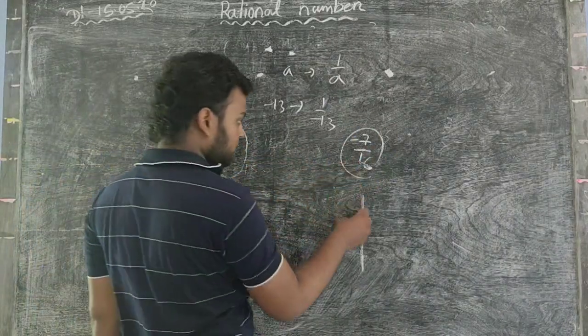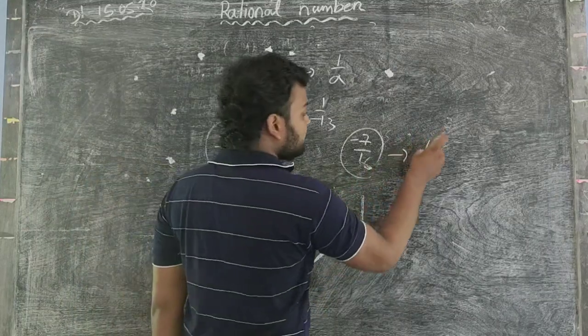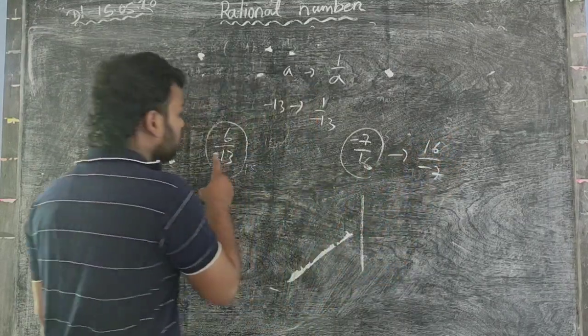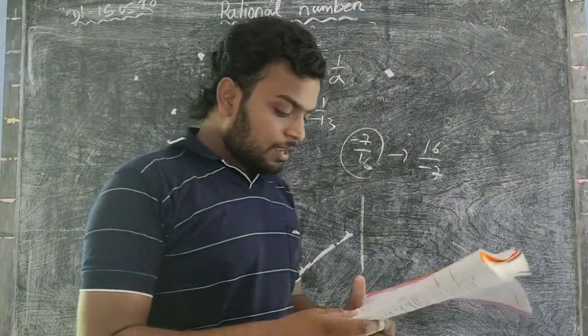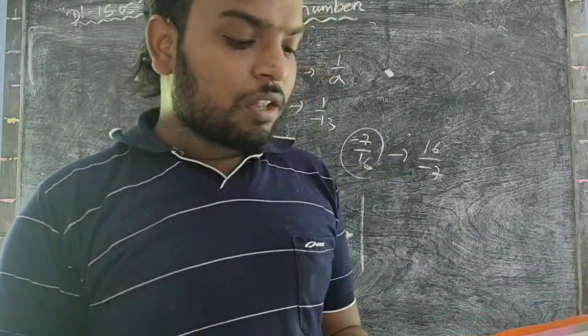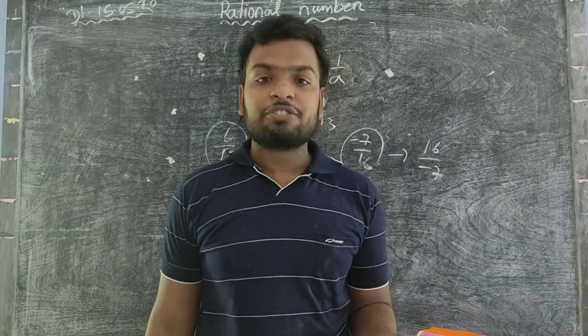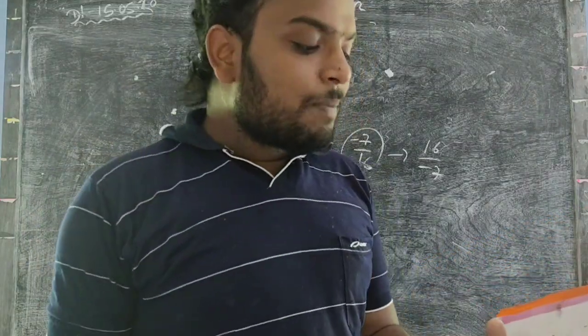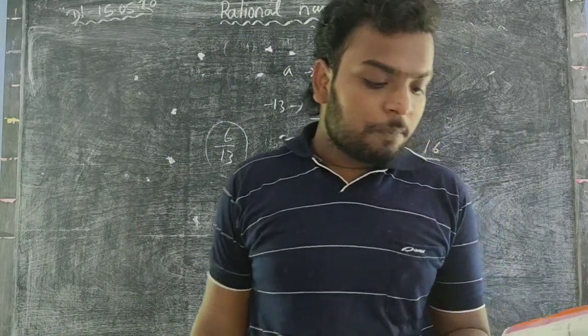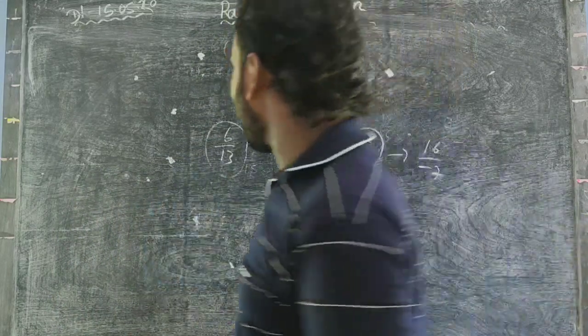So the reciprocal of this is 16/-7. So multiply this into this. Okay. Then take the property allowed here. Which property is allowed here? This is the associative property.